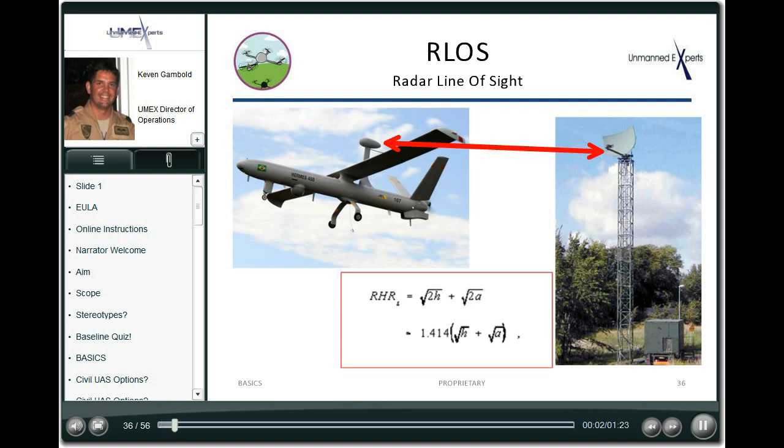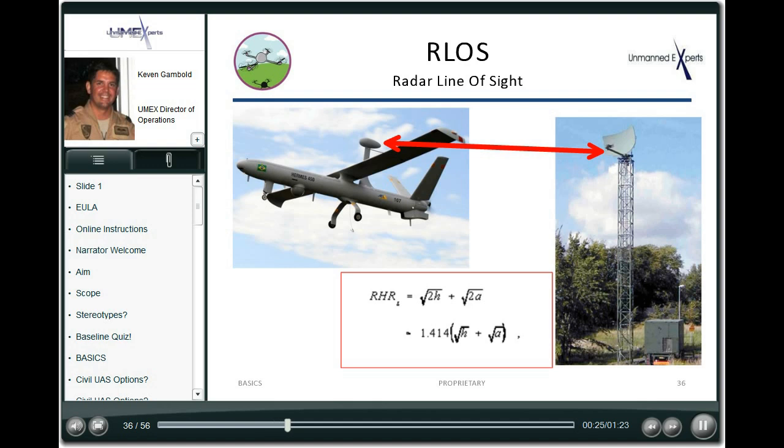The next step up in complexity and capability in some respects is the radar line of sight system, or RLOS. This is clearly where we're going outside of the regulations of needing a visual ID on the aircraft, and the concept of operations is very different. We're now looking at a local area.